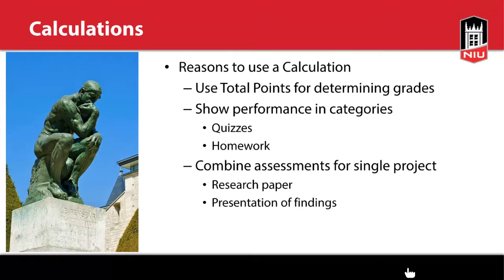For example, a student may be writing a research paper and then presenting the findings. You may have different rubrics for each of those phases of the assignment, and so you can use a calculation to combine them in the gradebook.